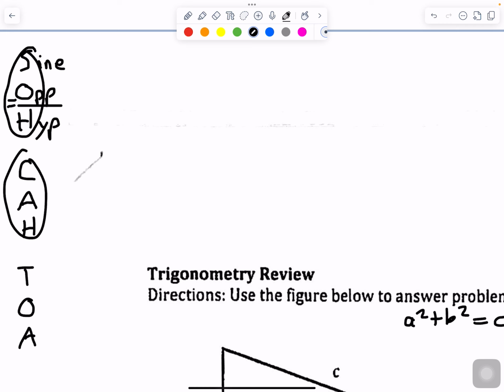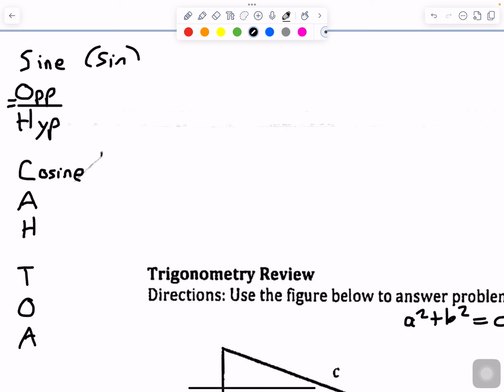So, SOH CAH TOA is the mnemonic, the acronym that helps remember the trigonometric ratios, the trigonometric identities. The CAH stands for cosine. Well, cosine, which, by the way, sine is abbreviated sin.